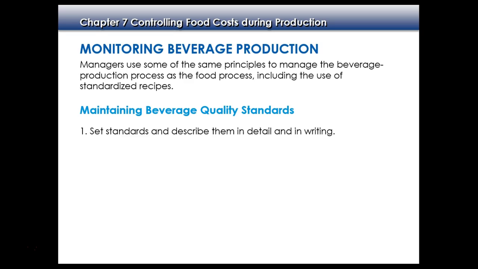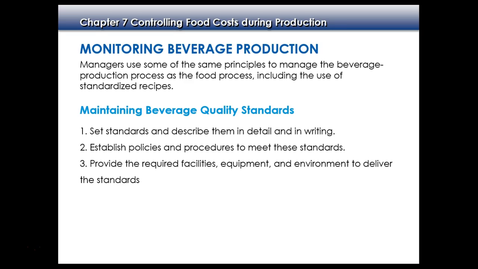So some things to do to monitor your quality standards. It says set up standards, describe them in detail in writing. That would be making standardized recipes for drinks. You want to establish those policies and procedures to meet the standards. Provide the required facilities, equipment, and environment to deliver the standards.